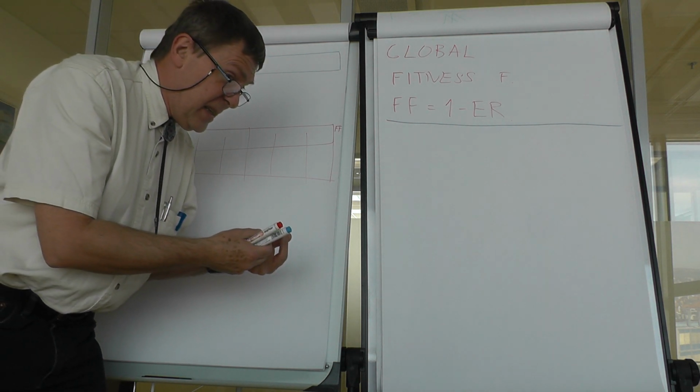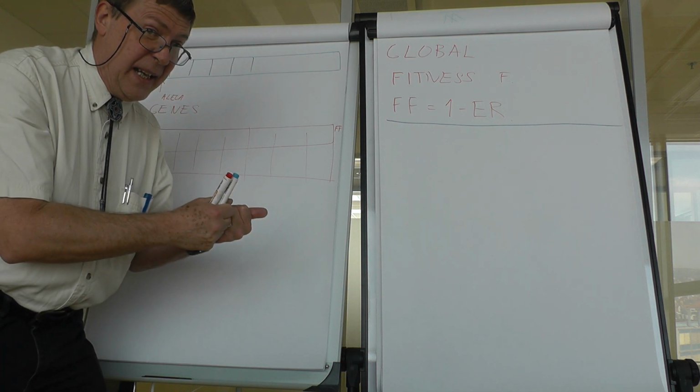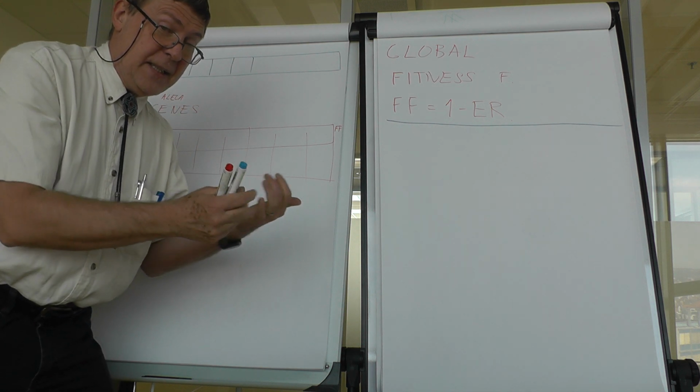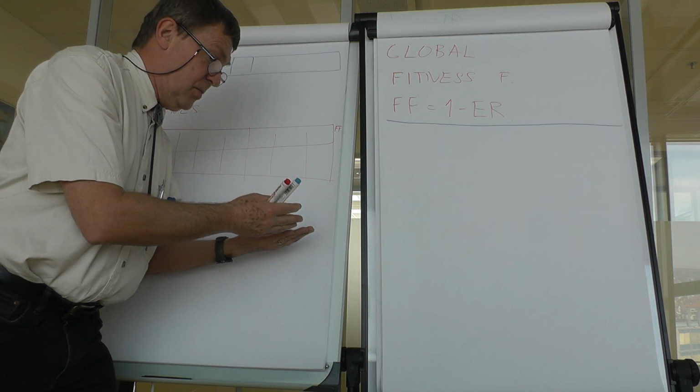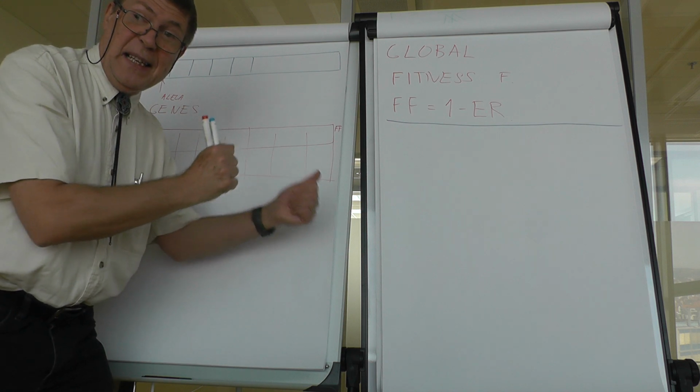But this is not the whole. You have to somehow create offspring of two, let's say, a father and a mother, and you have to somehow select them.